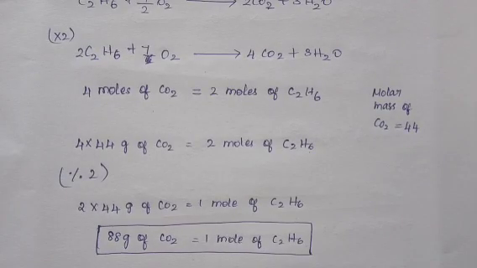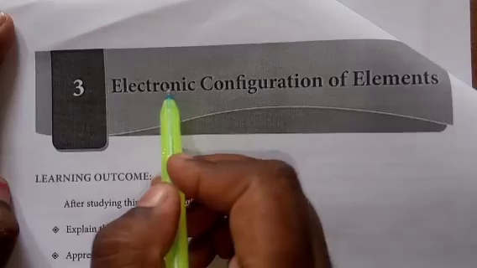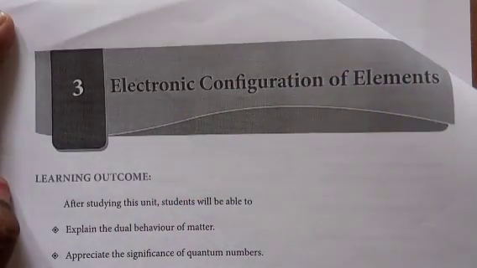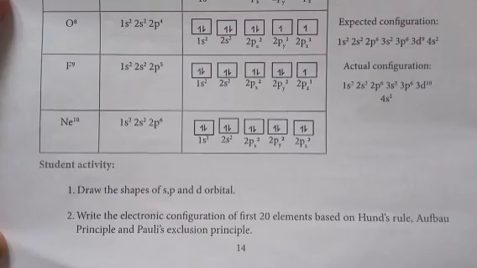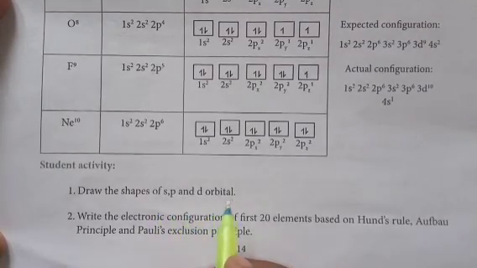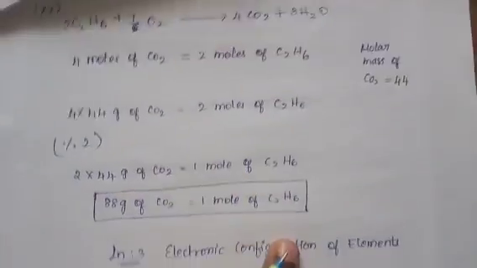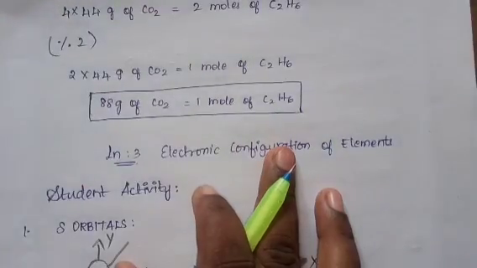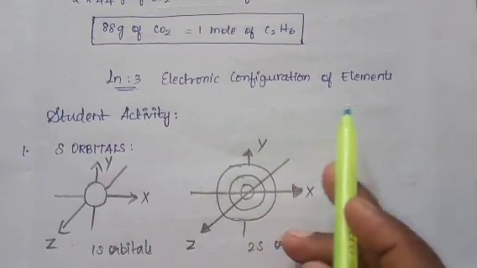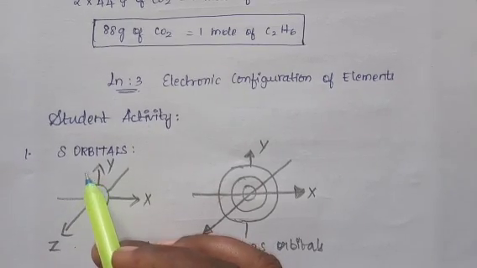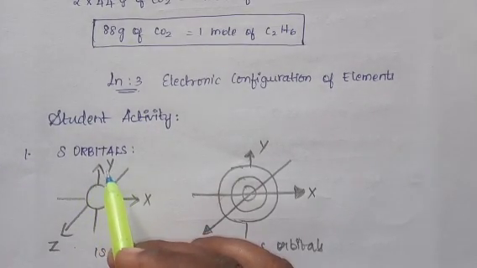So we have completed the answers for lesson 2. Now we are moving on to lesson 3, electronic configuration of elements. First student activity: draw the shapes of s, p and d orbitals.